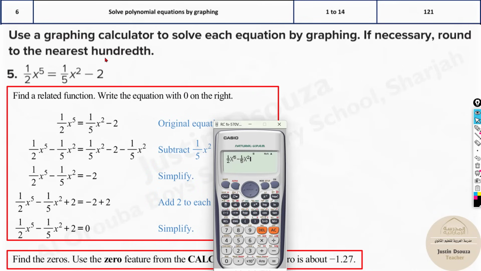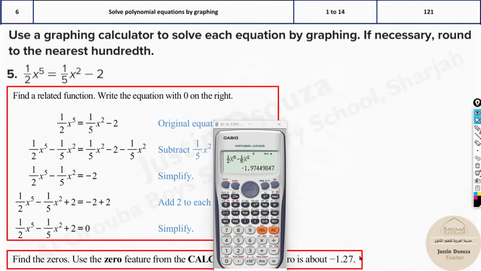Now that must be equal to negative 2, because I took this to the other side. All the variables on one side, constants on the other side. Now let me calculate this at negative 1.27. What is the answer? It is very, very close to negative 2, and this is the answer.